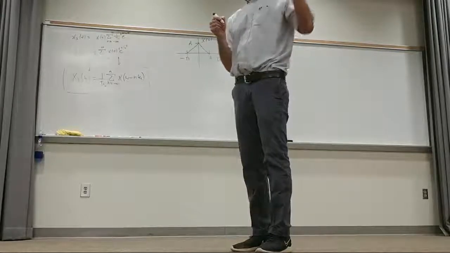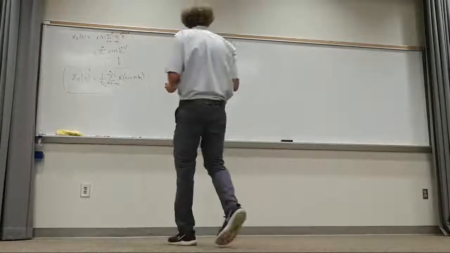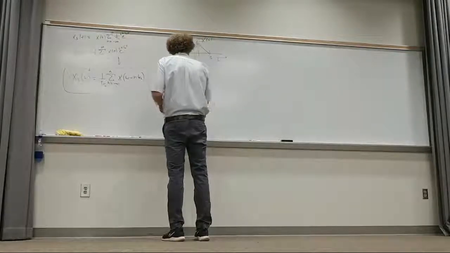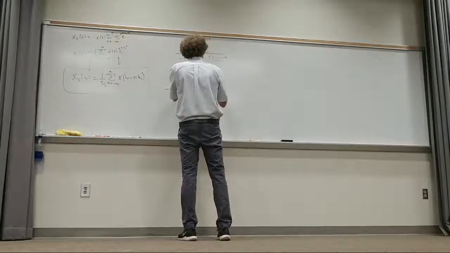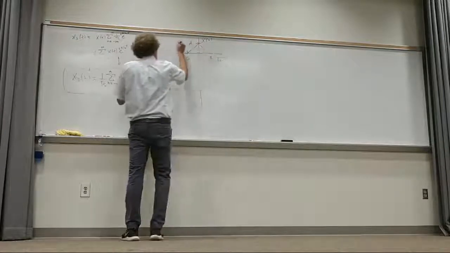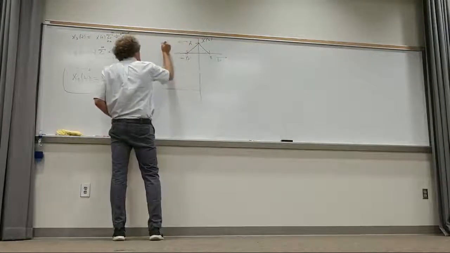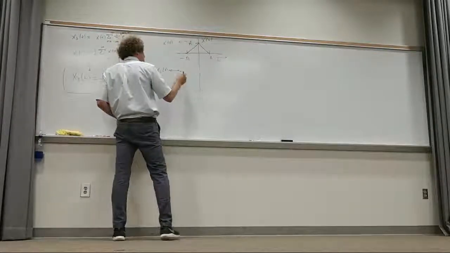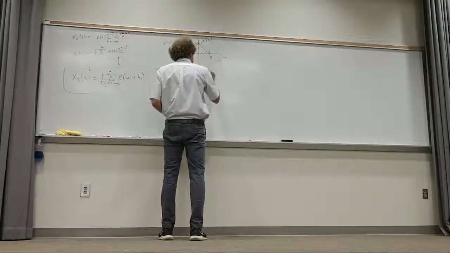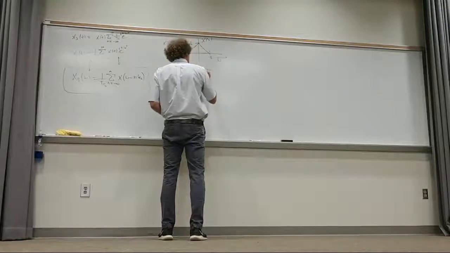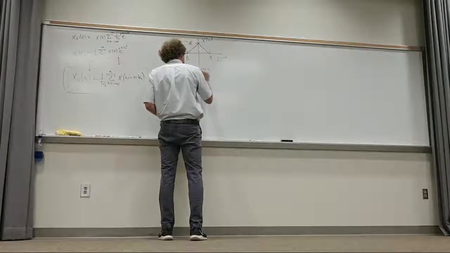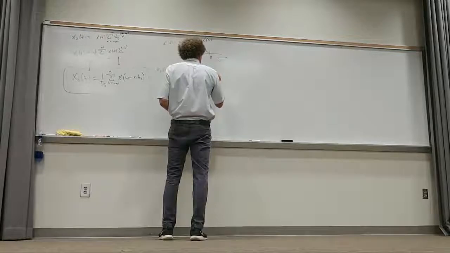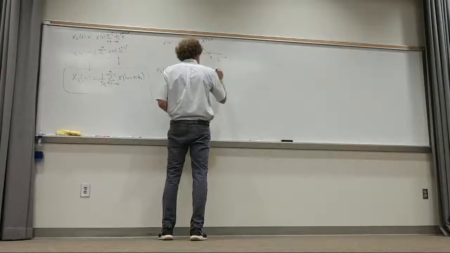When I get x sampled of t, what actually happens is what? Now I get the sampled waveform. This is caused by an x of t here. Now x sampled of t renders this. Now it's a summation, and it has the 1 over Ts in front of it, right? In front of it of x of omega minus n omega naught.